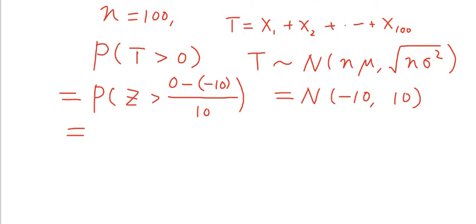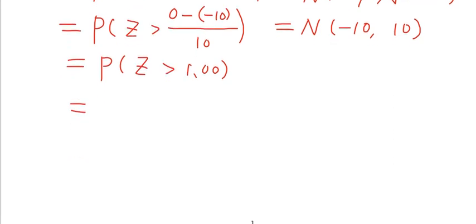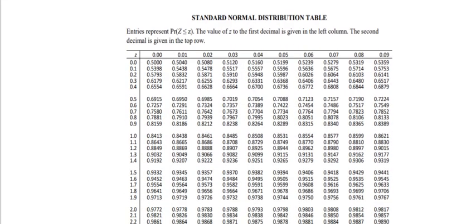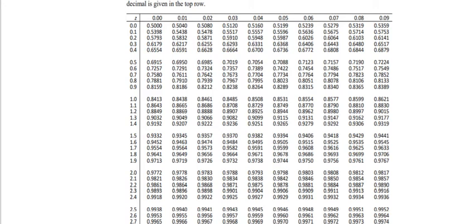With a little bit of calculation, we find this equals 1, so we write it as 1.00. To find this probability, we need to check the standard normal Z table. So where is the Z table? We check 1.00, and this number is 8413.